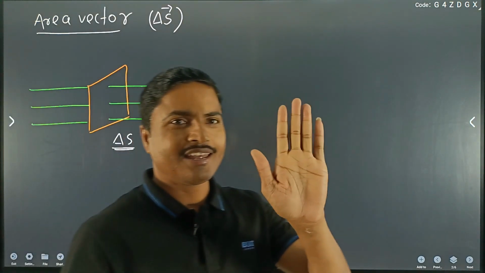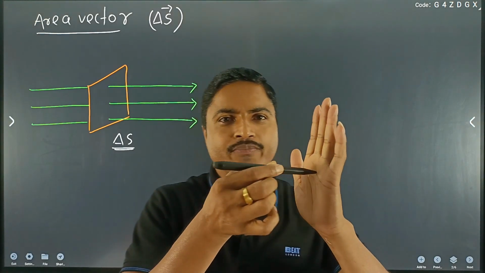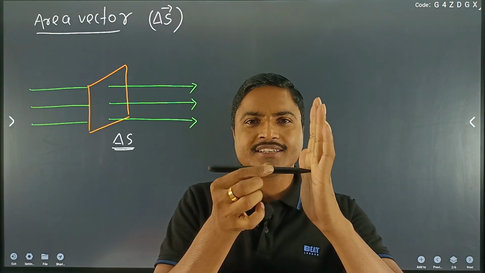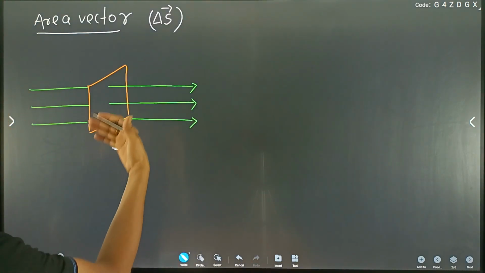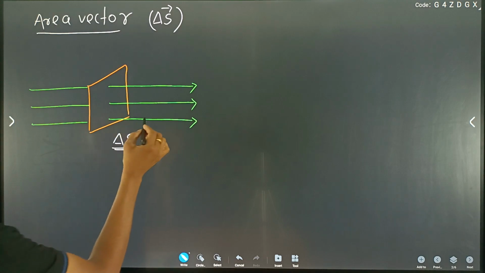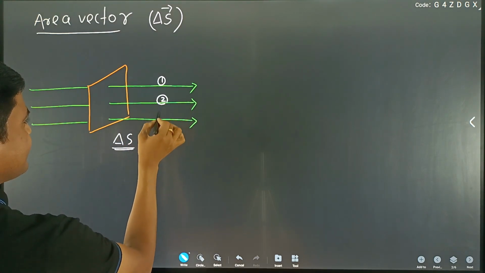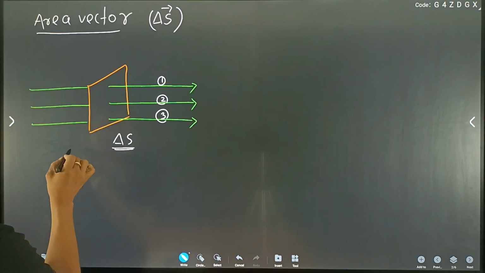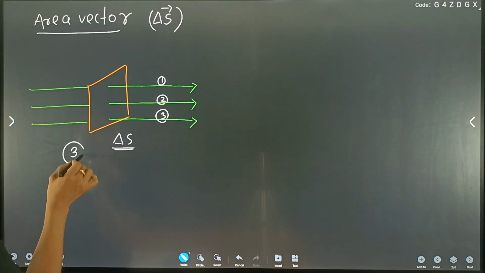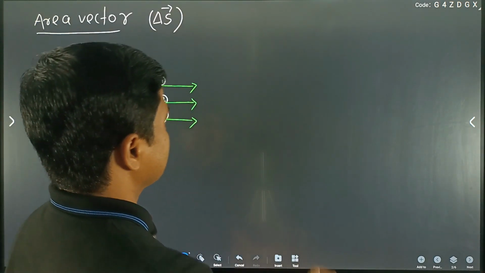Then in this case, the number of electric field lines crossing through this small area element is equal to 3. Clear?